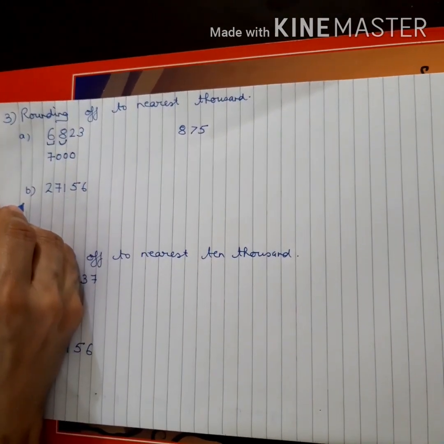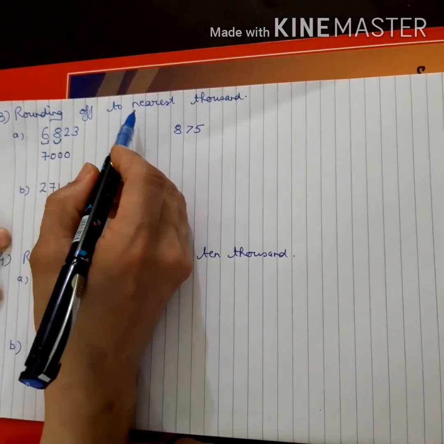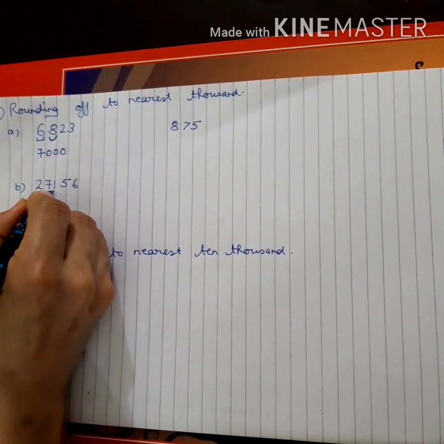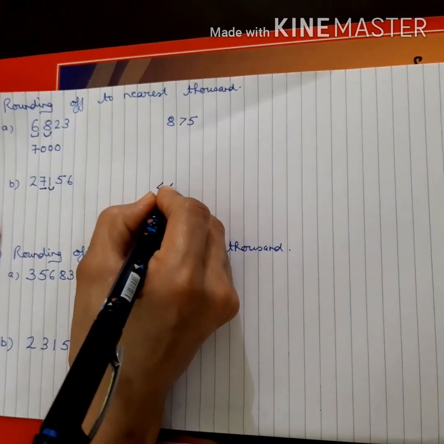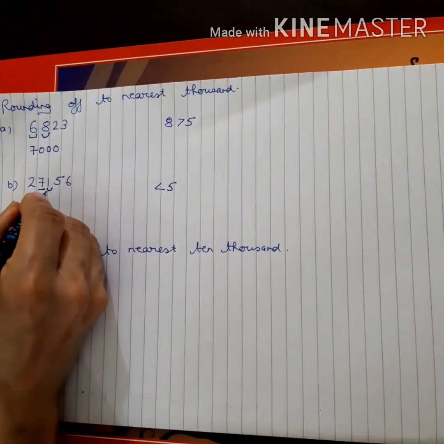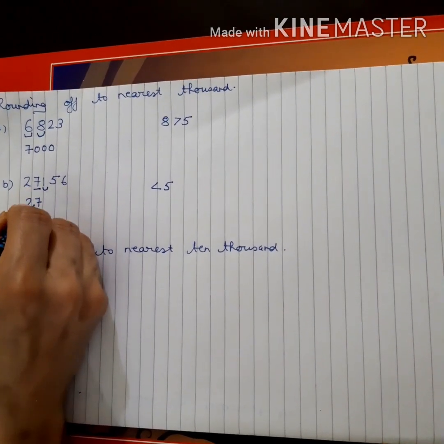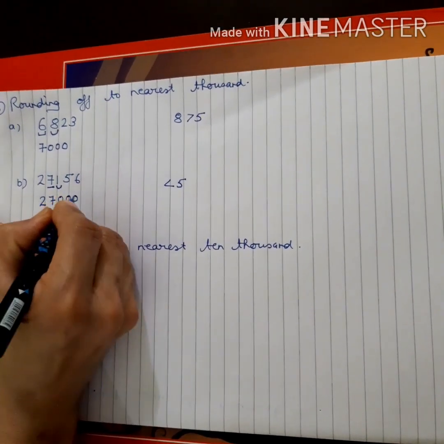Let's take another example. B. In this number also we are rounding off to nearest 1000. So we will underline the 1000 digit and we will check this digit, which is less than 5. Now it means this 7 will remain same. This 2 will also remain same and all the digits after this will become 0.